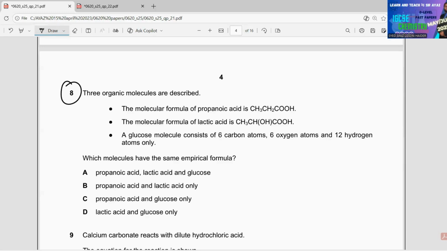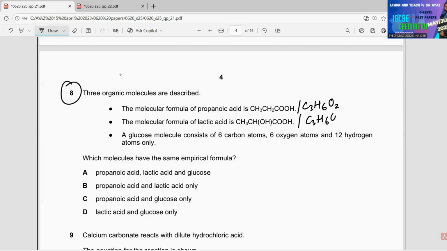For propanoic acid, the molecular formula will be: we have 3 atoms of carbon, so C3, hydrogen 3 plus 2 plus 1, that is 3, 4, 5, 6, H6. Oxygen is 2. It can't be simplified. So this will be the empirical formula for propanoic acid. What about the molecular formula of lactic acid? We have C3, 3 atoms of carbon, hydrogen 3, 4, 5, 6, H6.